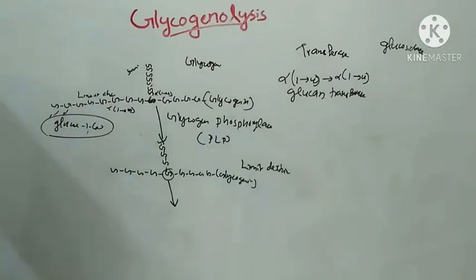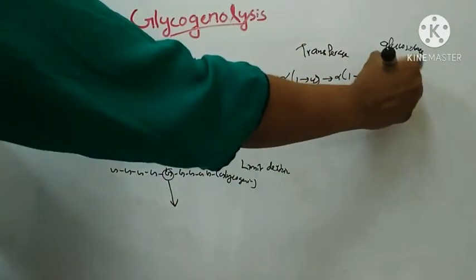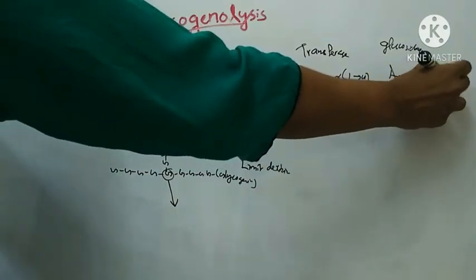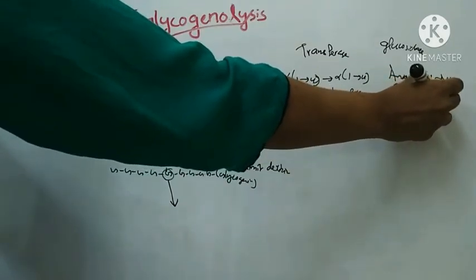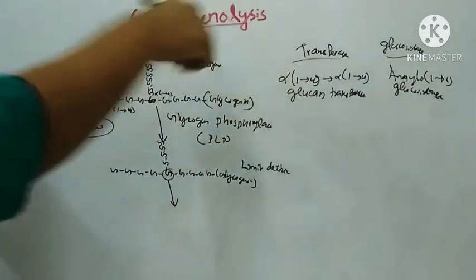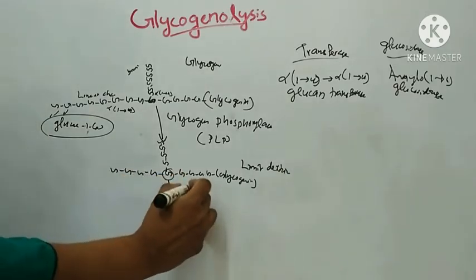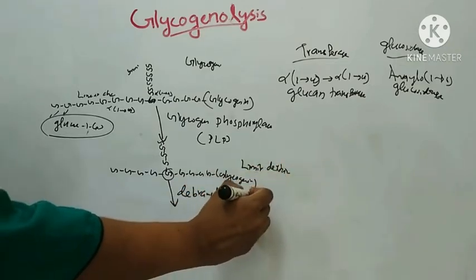The glucosidase enzyme is called amylo 1,6 glucosidase. So these are the two functions of the debranching enzyme. The debranching enzyme will act on this limit dextrin.